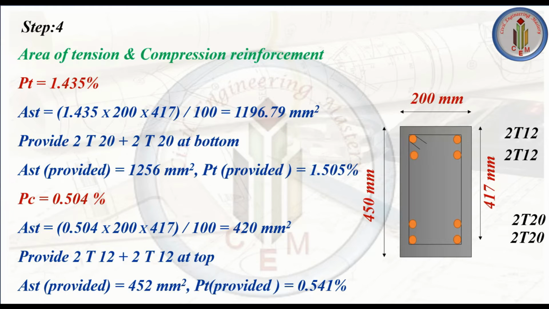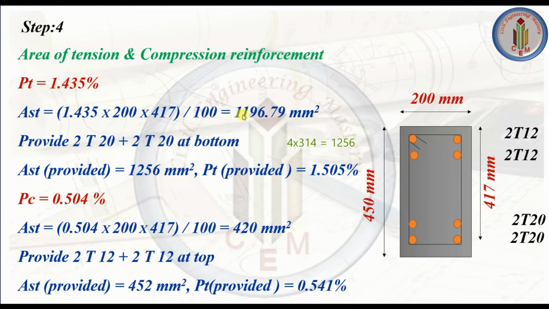Here I have used 20 mm dia bars. So 4 times 314, where 314 is the area of one 20 mm dia bar. I have used 2 bars of 20 mm dia plus 2 bars of 20 mm dia, so totally 4 bars of 20 mm dia. You can check: 4 times 314 is 1256 mm square. That is what I have given here as AST provided.